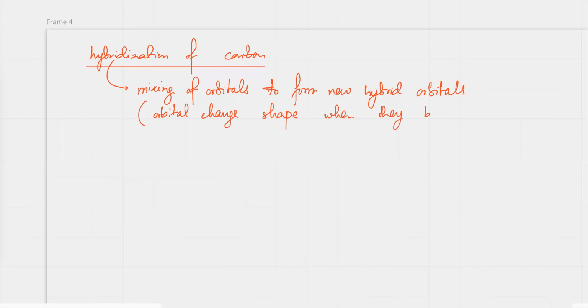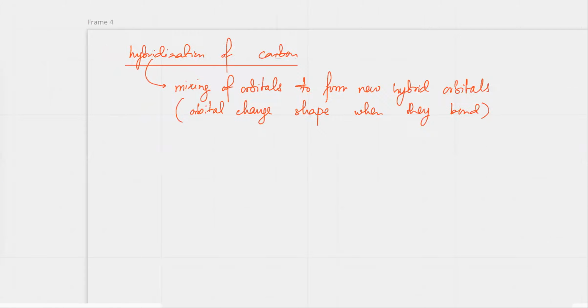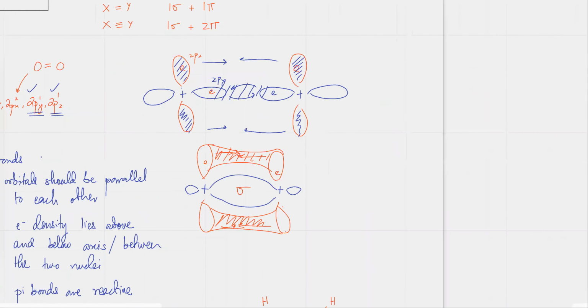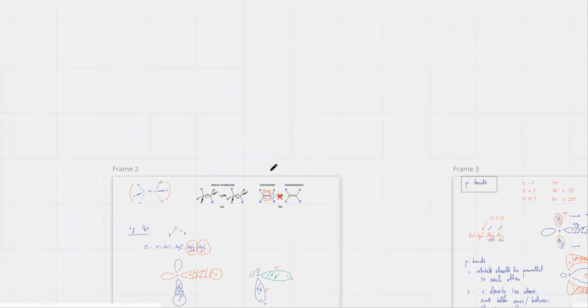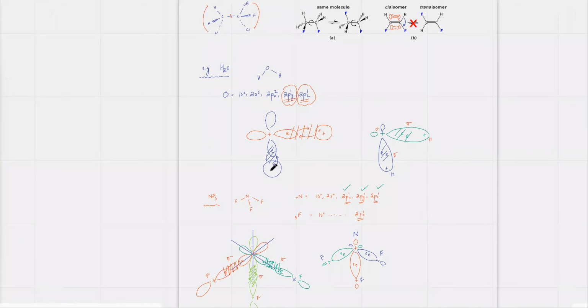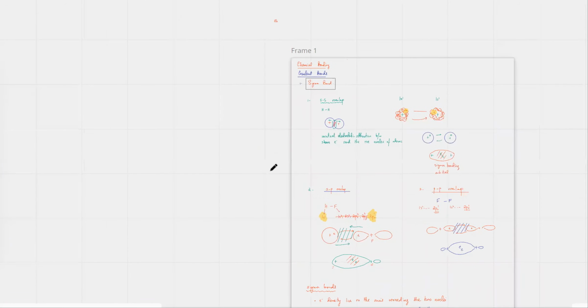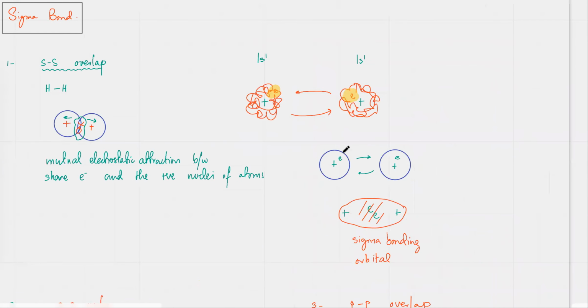And we did see a fair bit of hybridization. Orbitals change shape. We did learn this. For example, if you have a p orbital overlapping with a p orbital, the orbitals are going to merge and change shape. Even in the first one that we drew, the s and s overlap. Previously, an independent hydrogen atom's electron was in a spherical region around the nucleus.